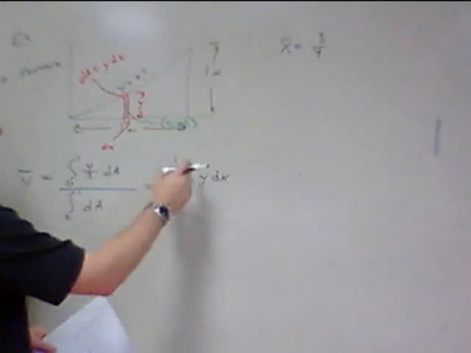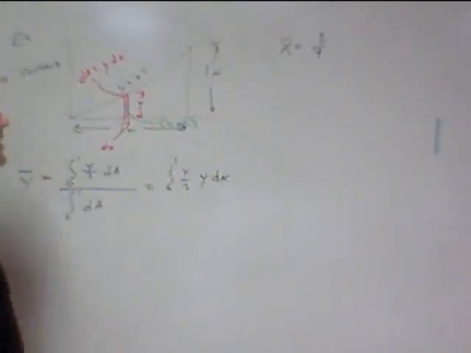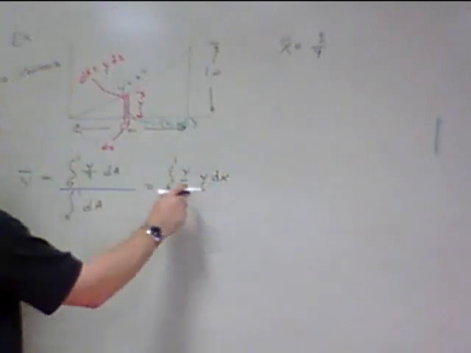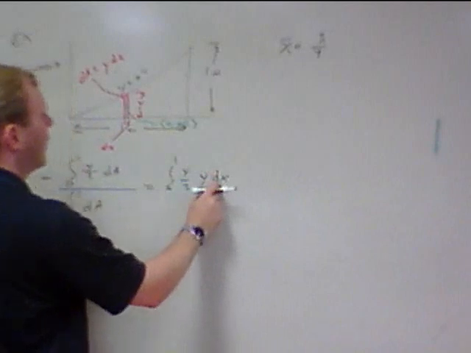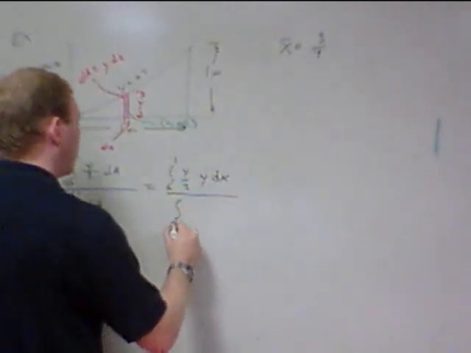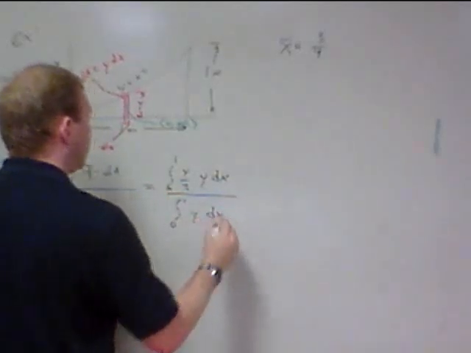If I'm finding y bar, I don't automatically use my y range. That is a mistake. Your integration boundaries are governed by what you're integrating over. Even though I'm finding y, I'm integrating over x, so I'm using my x range. Same thing here, 0 to 1 of y dx.